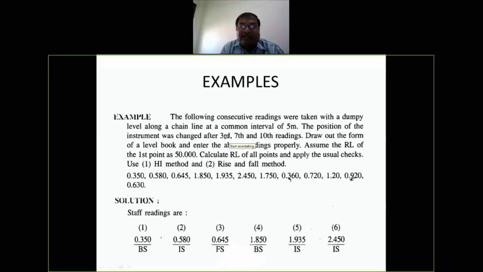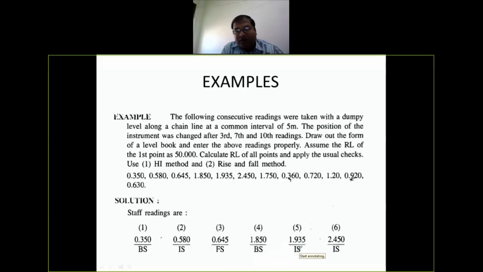Because at the 3rd, 7th and 10th readings you have taken the change point, and we have discussed earlier that whenever you take a change point, the last reading at the previous setup is called the fore side, and immediately the next reading is called the back side, because after shifting the instrument you have to bisect the same staff from the new location. So the 4th one will be your back side.